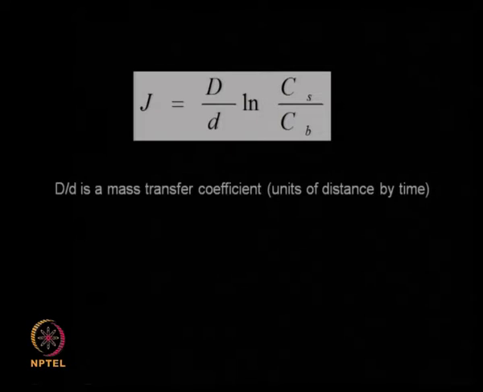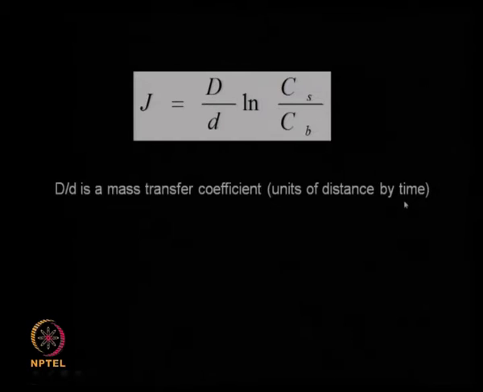D by delta is called the mass transfer coefficient, and it will have units of distance by time. So we have an equation which tells you the flux of the solute is a function of the mass transfer coefficient and the logarithm of the concentration near the surface of the membrane upstream divided by the concentration of the solute in the bulk region.